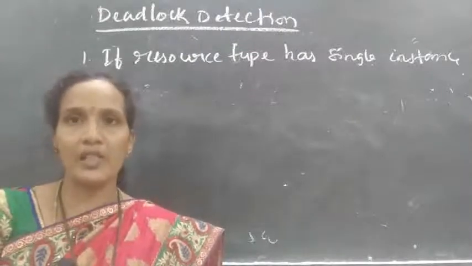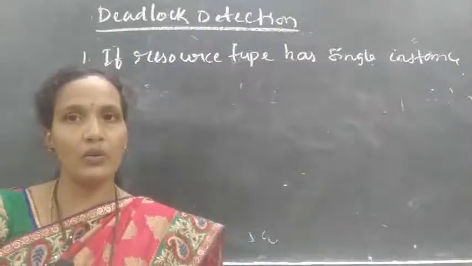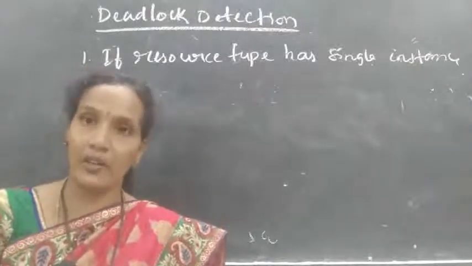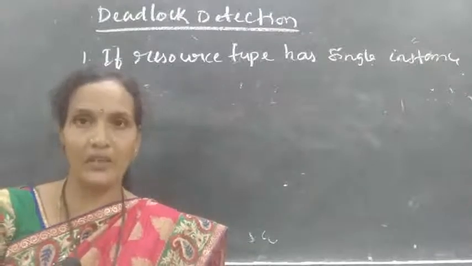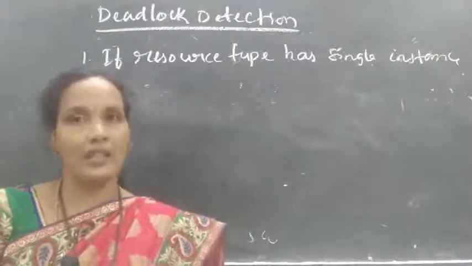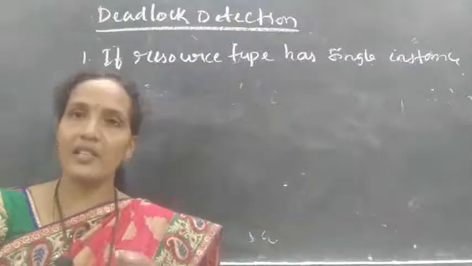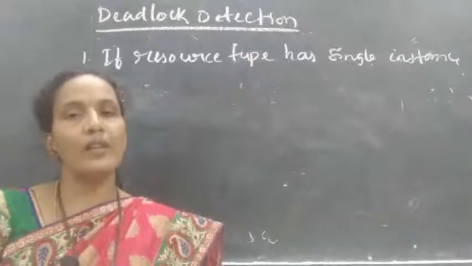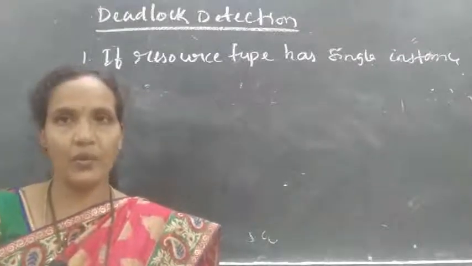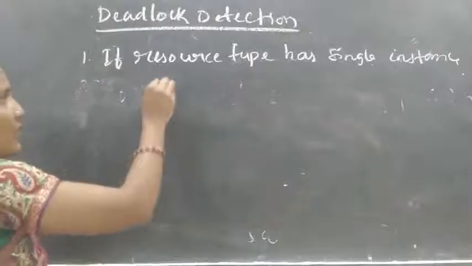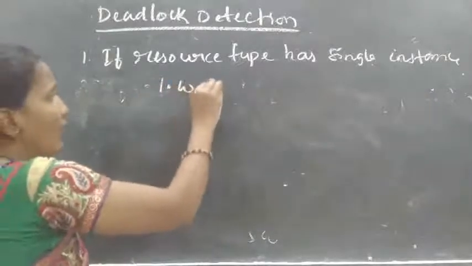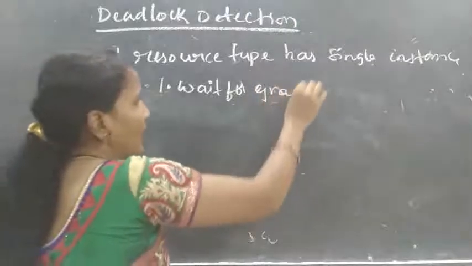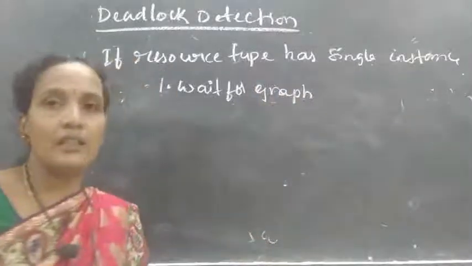So if the resource type has a single instance and there is a deadlock, we'll use a wait-for graph to detect the deadlock.